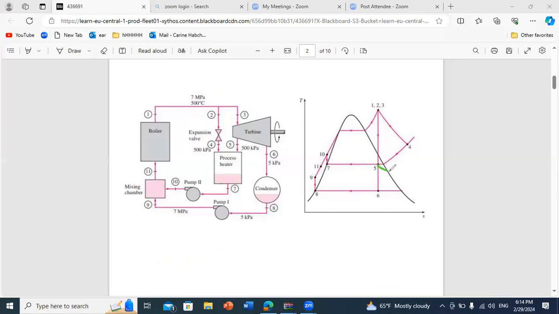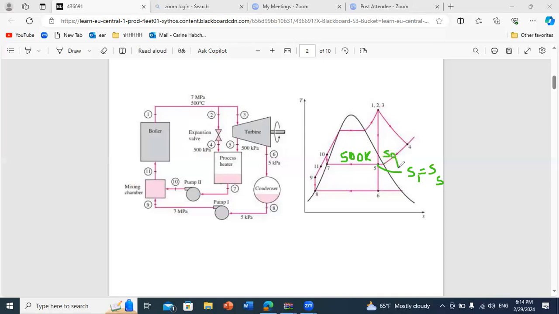So since it is an isentropic process, S1 is equal to S5. And you know the pressure at this level is 500 kilopascal. Okay, so then you can go to your table and check that at this pressure Sg is larger than S5.